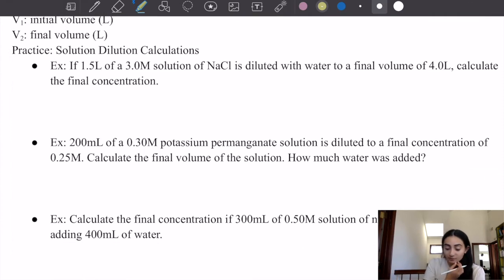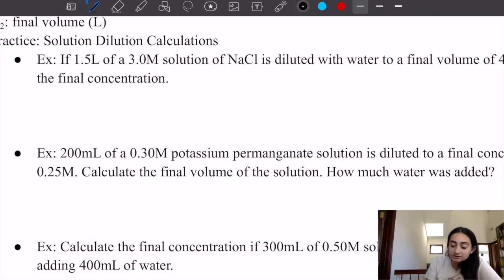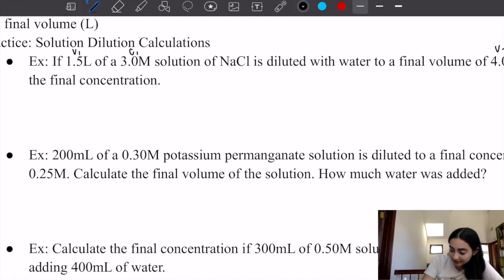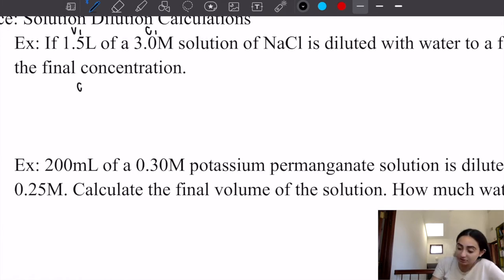So first we have, if 1.5 liters of a 3.0 molarity solution of NaCl is diluted with water to a final volume of 4.0 liters, calculate the final concentration. So with these problems, I like to label my variables. So this is my initial volume, this is my initial concentration, and this is my final volume. And I also like to always write out my equation first.